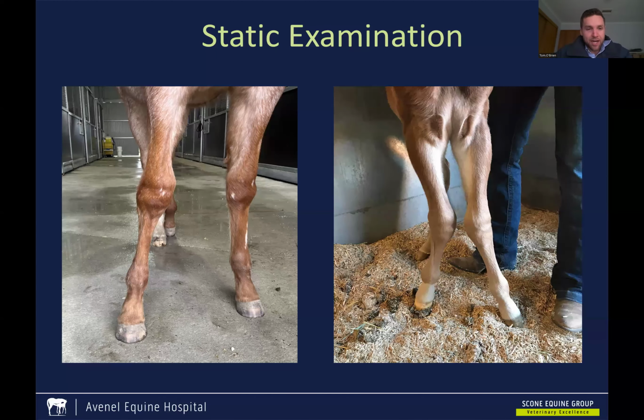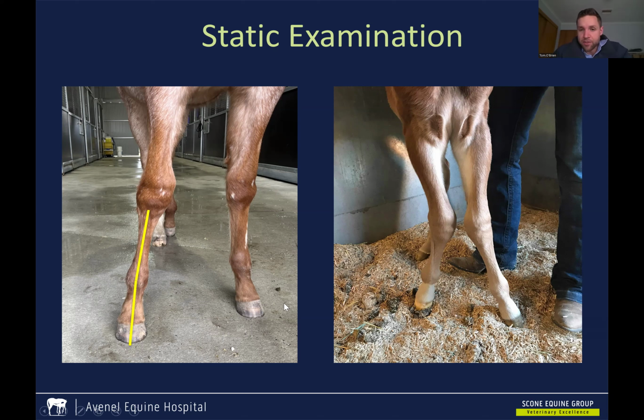And so when we start to draw imaginary lines, we can see that if we draw a line down the front of the cannon bone, and then below the fetlock joint, that line below the joint of interest is going inwards a little bit. And so this, I'm not sure it's necessarily a foal, it's probably a weanling, has a mild fetlock varus because it's slightly pigeon-toed in that right front.